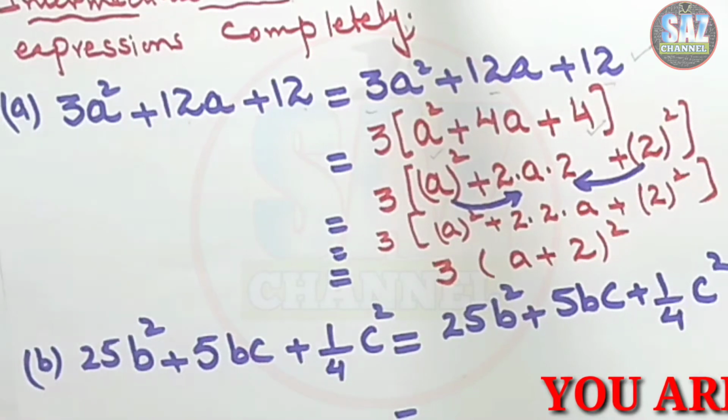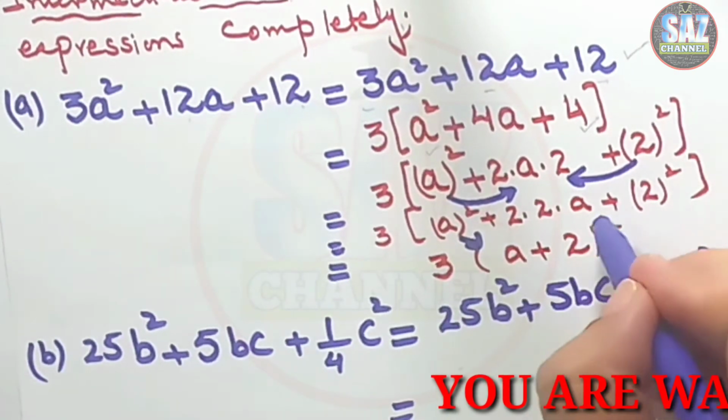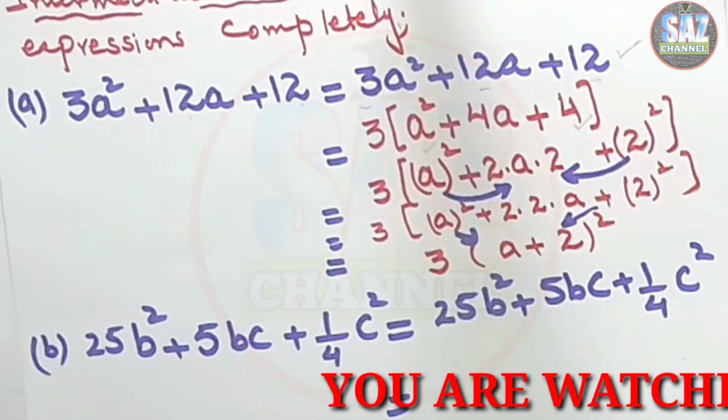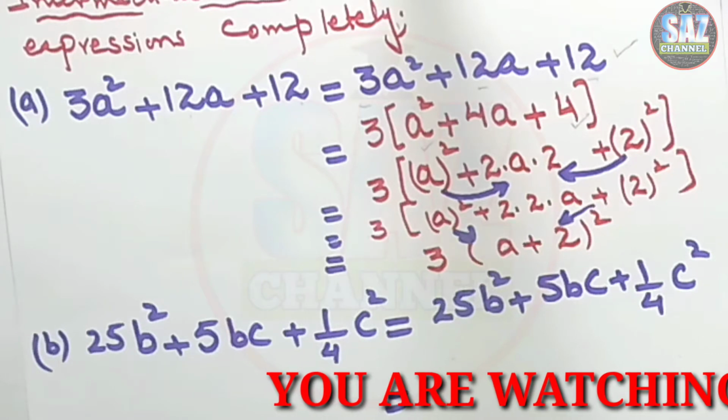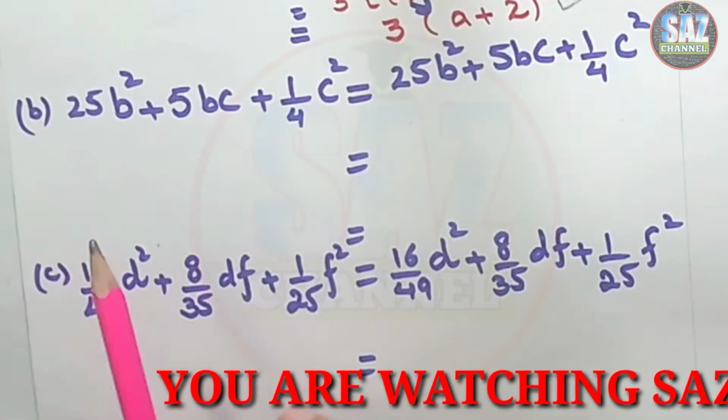I will take a from the first place, and b from the second place, and my expression will be 3 into a plus 2 whole square. I hope this question is clear to you. Let's move to the next question.